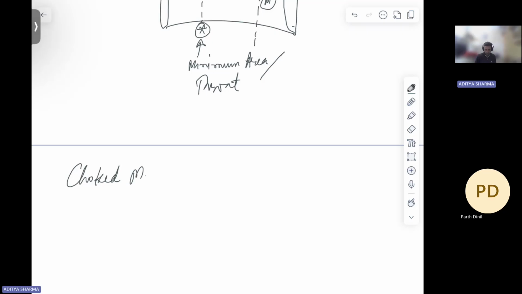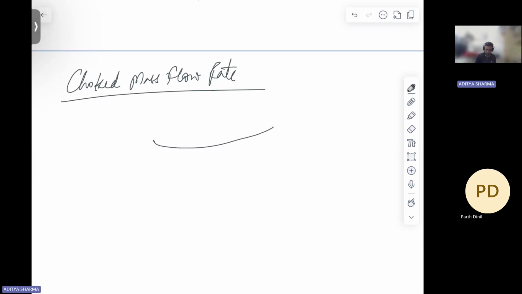What is choked mass flow rate? So you have this duct, or nozzle, CD nozzle.